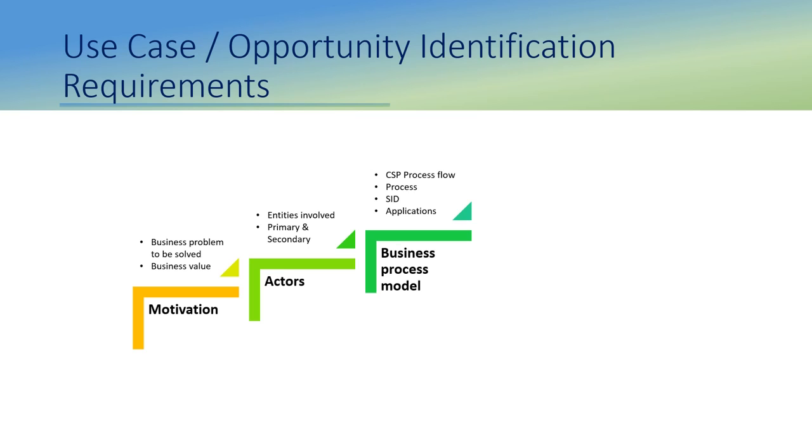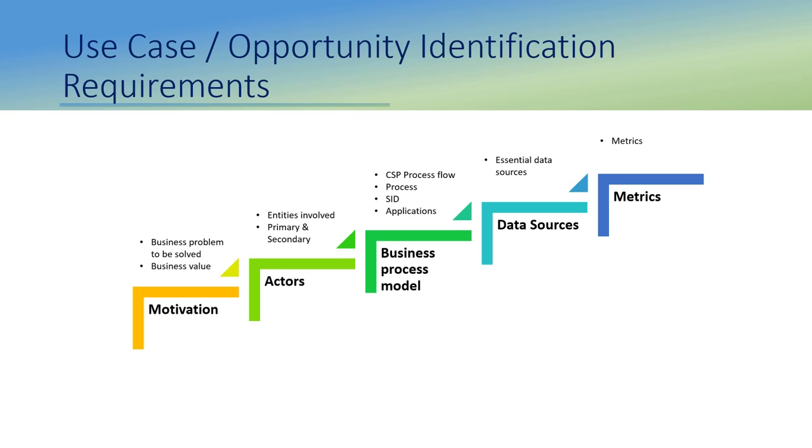It can be the service provider's process flows or business process framework or equivalents of information framework and application framework. The data sources, a list of every data source that is essential to the success of the use case implementation, ordered by relevance. Finally, the metrics, a list of metrics that this particular use case will impact.